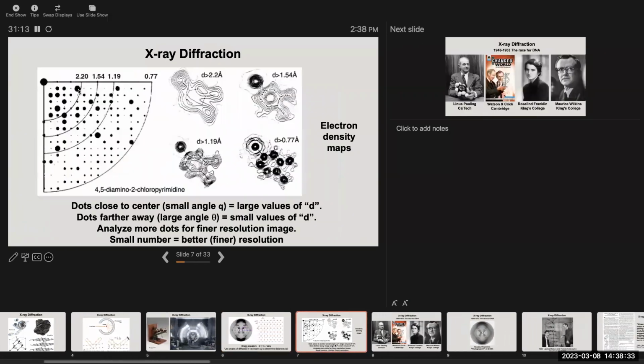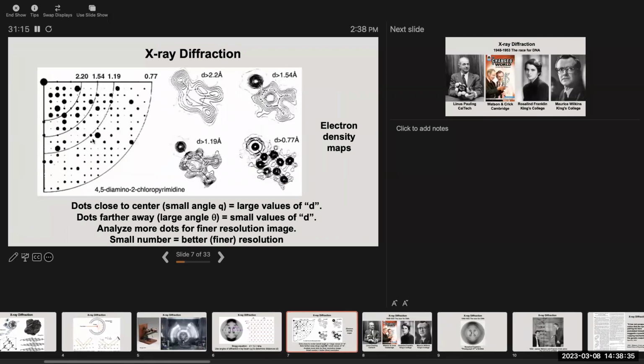Here we're looking at just the bottom right quadrant of one of these X-ray patterns. And what you see are all of these dots corresponding to different angles of theta, different angles at which the X-ray beam was diffracted. Each of those then corresponds to a different distance D within the spacing of the atoms within the molecule.